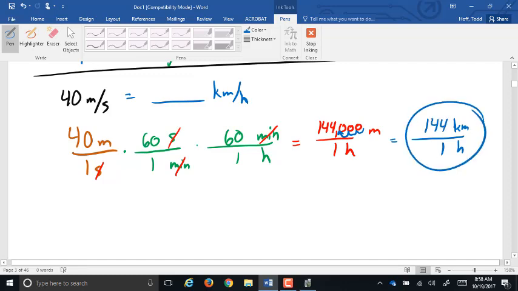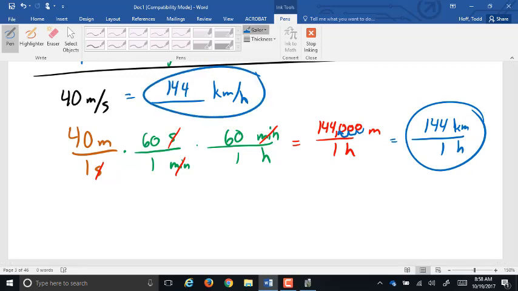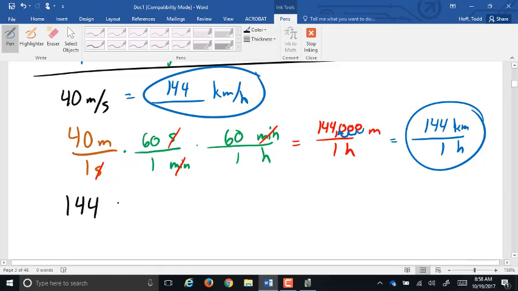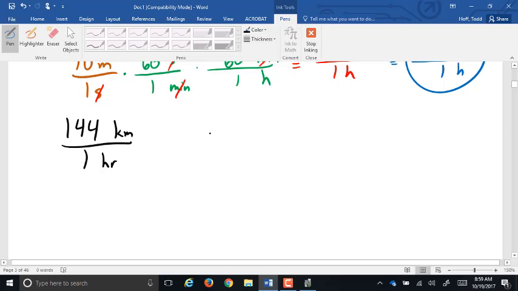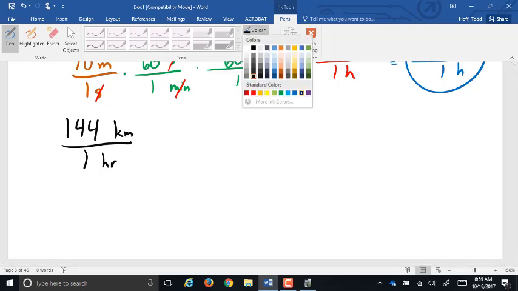So 40 meters per second is 144 kilometers per hour. Is that fast? It's a little more than 60. So that's 144 kilometers over 1 hour.